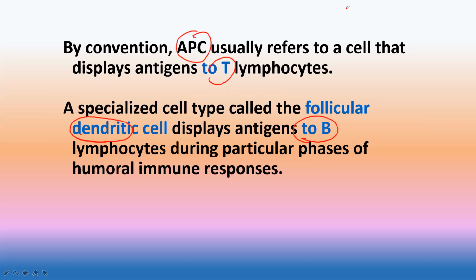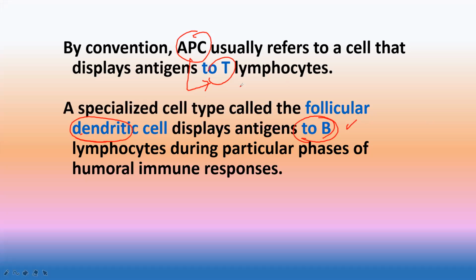Antigen presenting cells mostly present antigen to T cell. But dendritic cells also have the ability to present antigen to B cell, in some particular, typical situations, okay? If the antigen is very small, if the antigen is DNA, if the antigen structure is polysaccharide. So in some situations, we also need presentation to B cell.